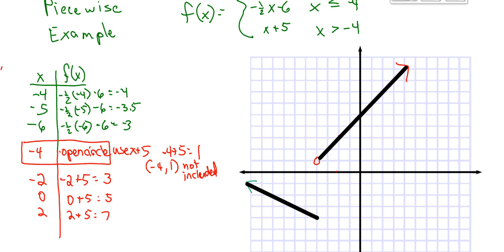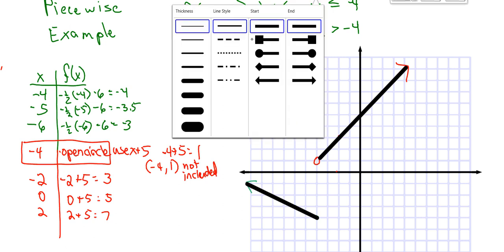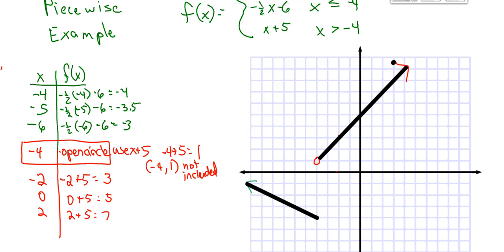I can go like this, like this. I could make that a dot, but this is an open circle. That's really the graph of this piecewise function. So just a little bit of experience with the piecewise function as we go.